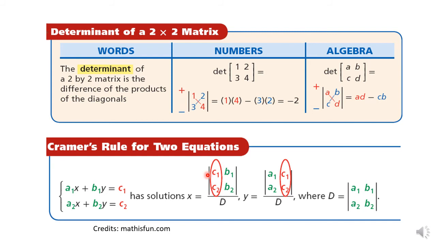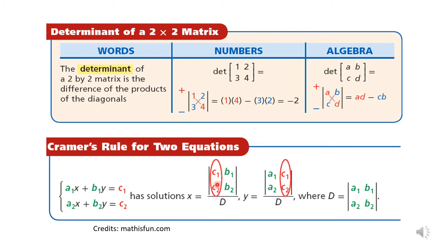Again, it's the same as finding the determinant of a 2 by 2 matrix, almost the same as the coefficient matrix, but the difference is that this column, instead of a1, a2, the coefficients of x, the variable we're solving for, we're going to replace by the constants. So c1, c2.